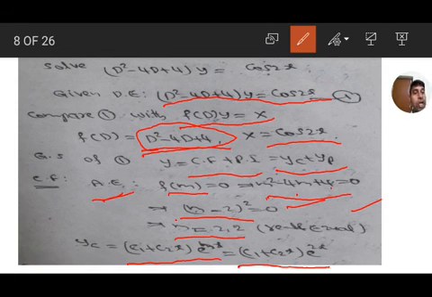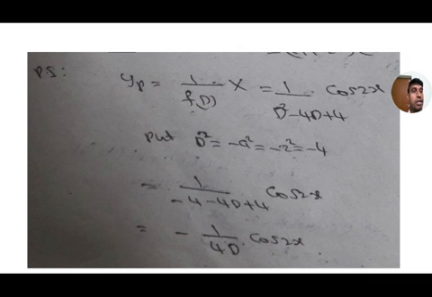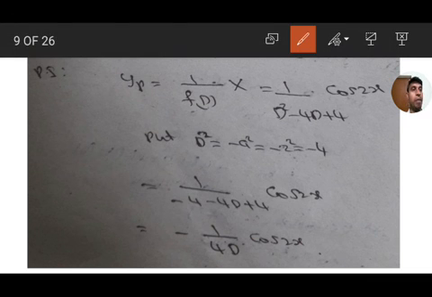We get roots 2, 2, real and equal, so yc = (c1 + c2x) e^(mx), therefore (c1 + c2x) e^(2x). It is the complementary function. Next, the particular integral.